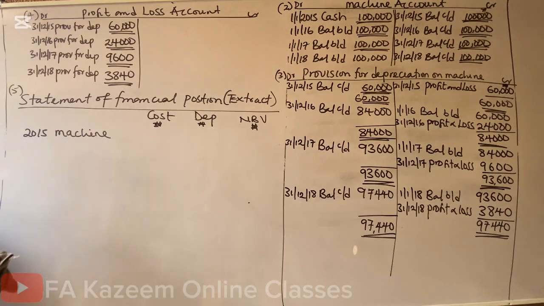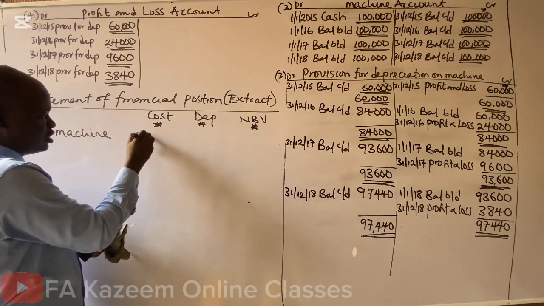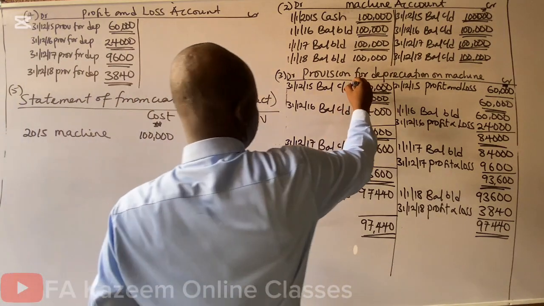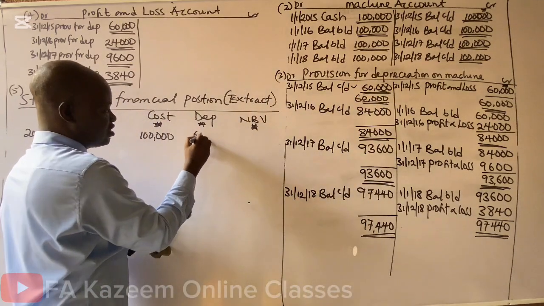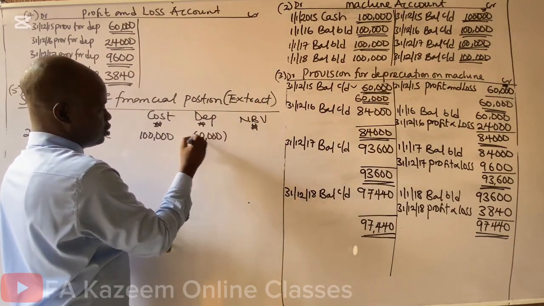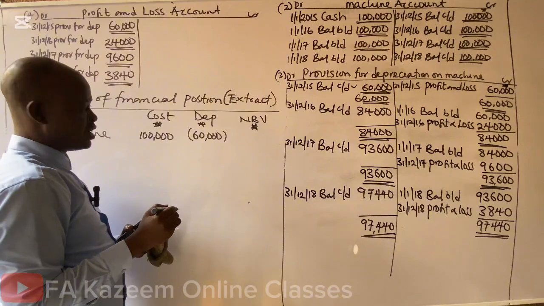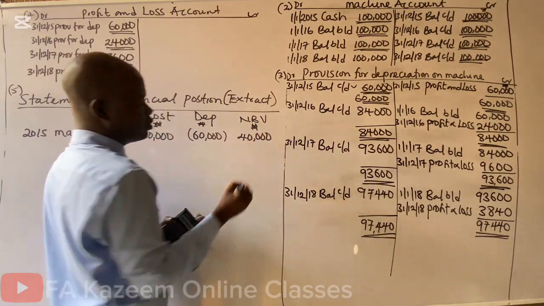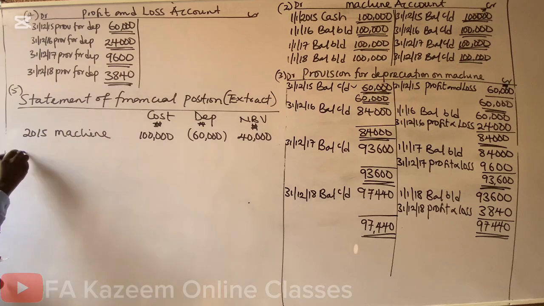We have what? Machine. The cost of the machine is 100,000. First year depreciation is 60,000. We minus, bracket means minus, 100 minus 60, we have 40,000. That's in 2015.